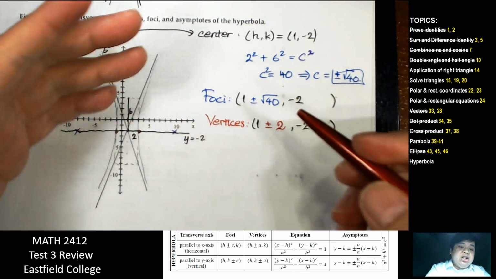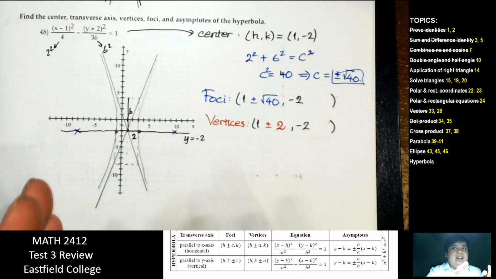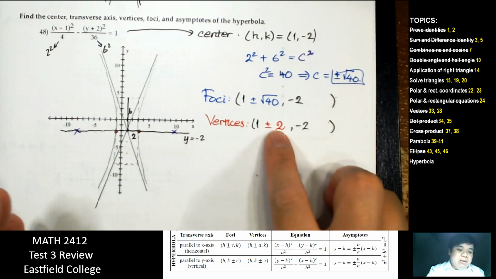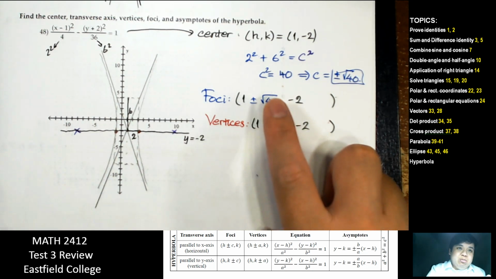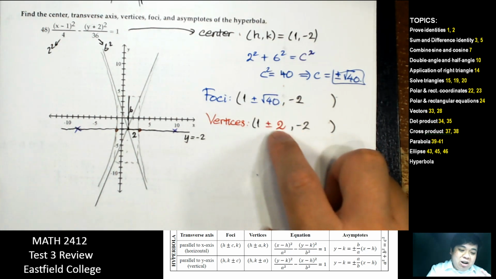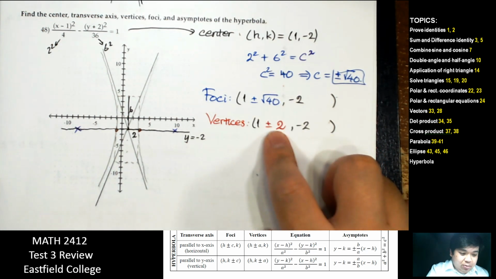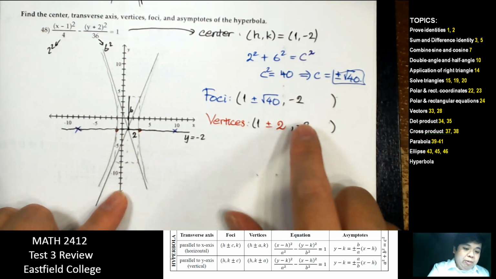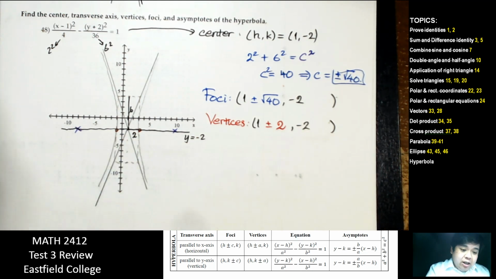As you see, it's just a function of a center. We're just adding C to it to have the vertices, and add C to it to have the foci, and minus a number wherever the distance we go, we get the vertices. And that's pretty much it for this one.